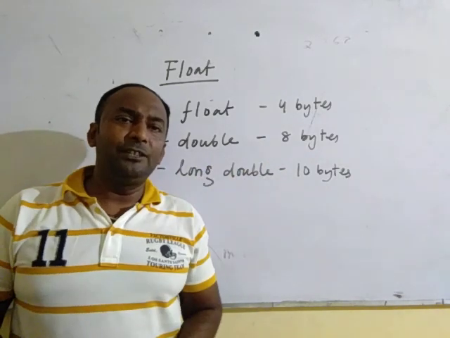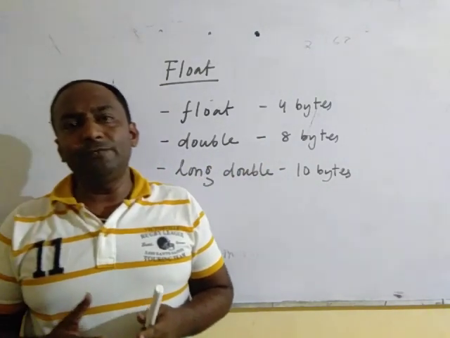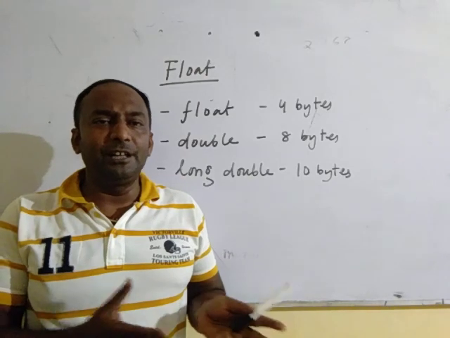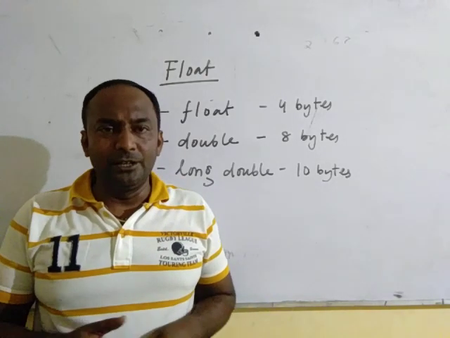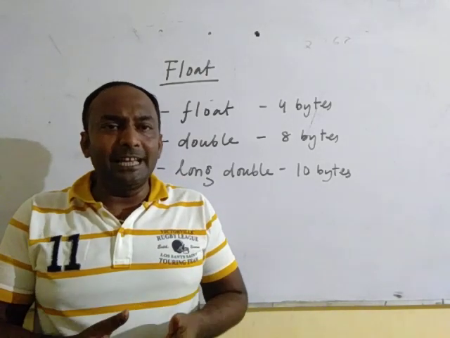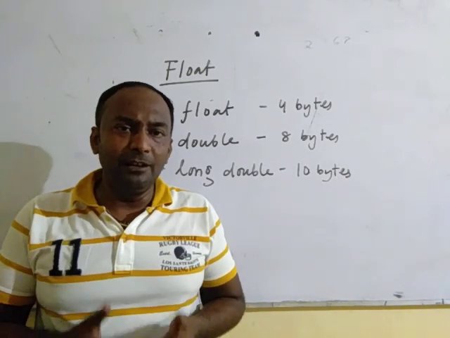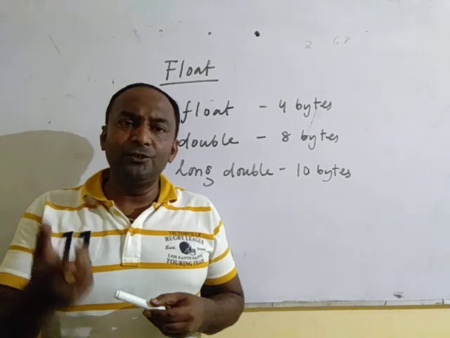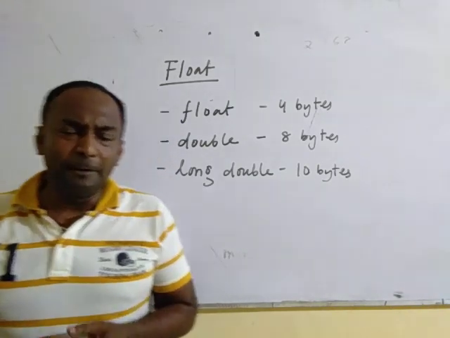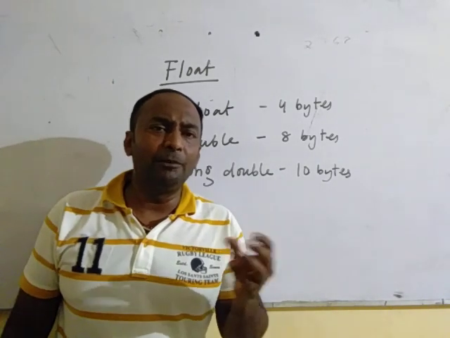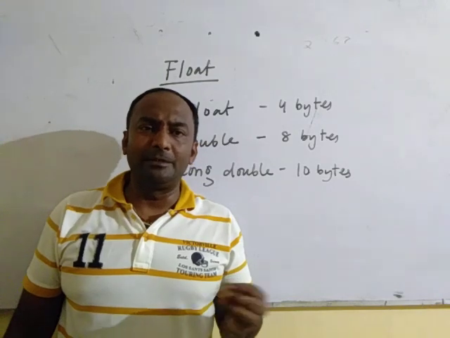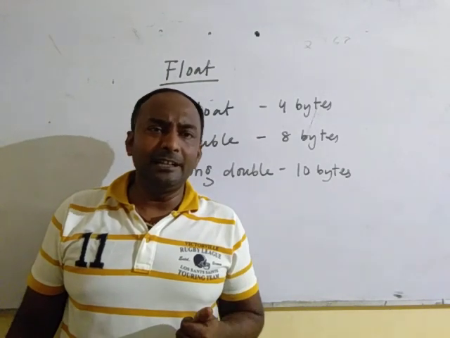We will provide the note in which the range of each and every data type is mentioned. Using that, when we declare a variable, we can use the data types accordingly. For example, when I put my salary as a value, then I can take integer.